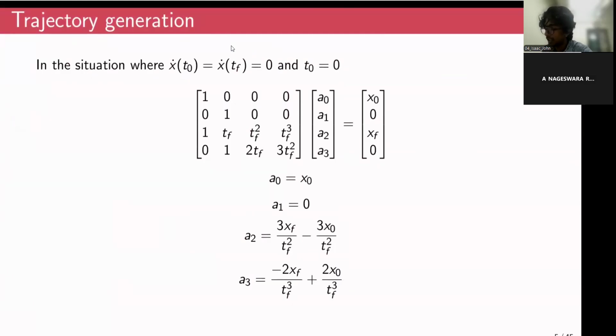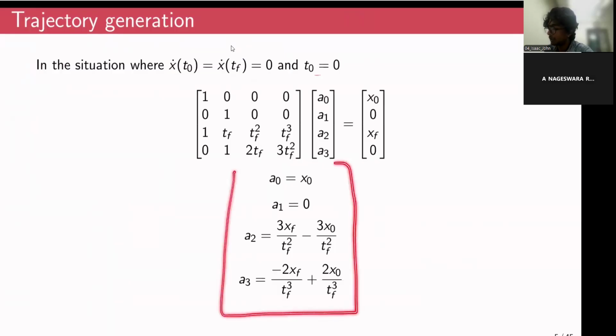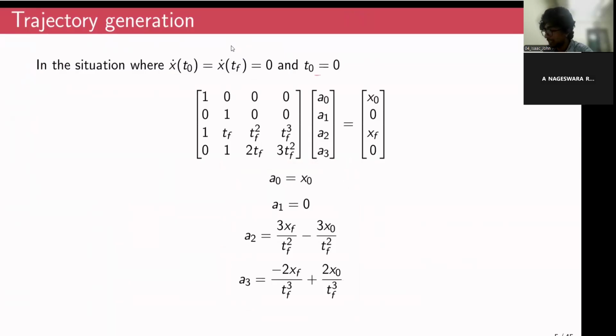In the particular situation when we consider the boundary velocities as 0, and the initial time as 0 as well, you can end up with an analytical expression for all the coefficients. So A0 would be x0.